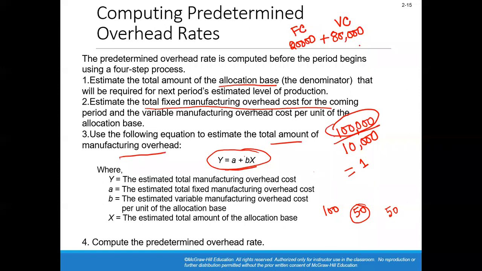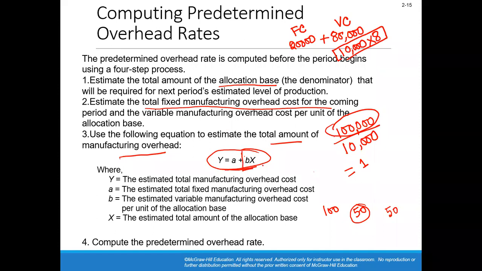So if we assume that we will require variable manufacturing overhead cost per unit of $8, and our allocation base is 10,000. And this is this part.